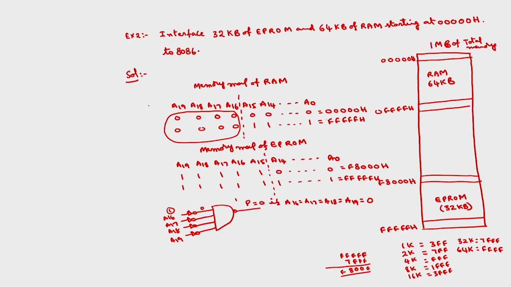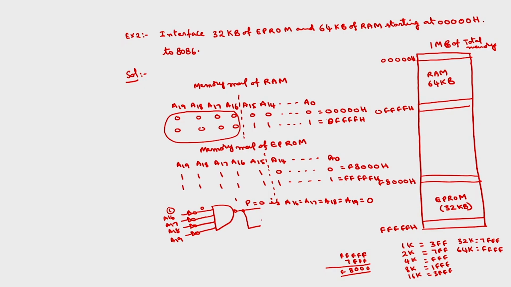A16 to A19 will be 0 for the memory locations 00000H to 0FFFFH. Similarly, I am going to derive another signal using this P. So this P I will take as one input.